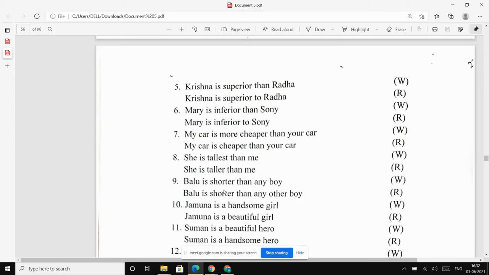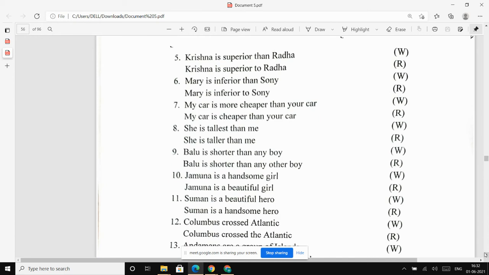Balu is shorter than any boy. So Balu is shorter than any other boy is the right sentence here. Then, Jamuna is a handsome girl. Usually the adjective handsome we use for boys, but for girls we use beautiful. So Jamuna is a beautiful girl.